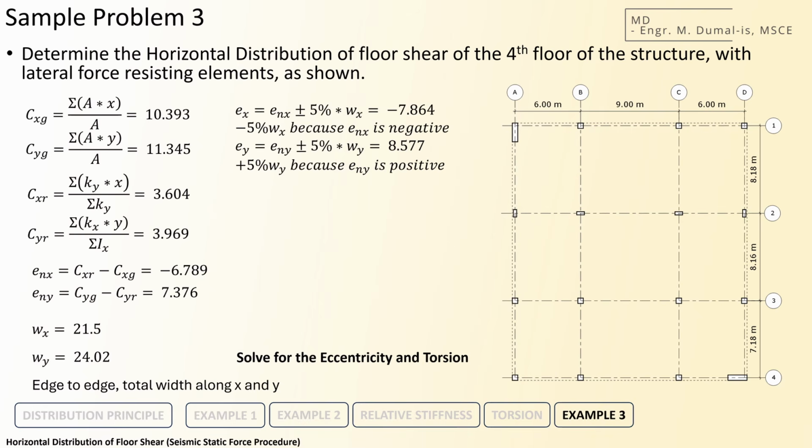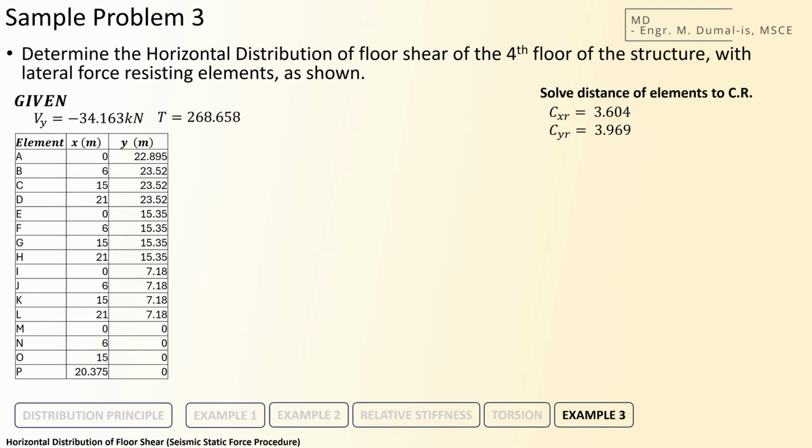Crucially, the sign of accidental eccentricity must align with the natural eccentricity. For example, if ENX is positive, EAX is also applied in the same direction. This ensures conservative design by amplifying torsional effects. Combine both eccentricities to compute total eccentricity, which is then used to solve the total torsion.